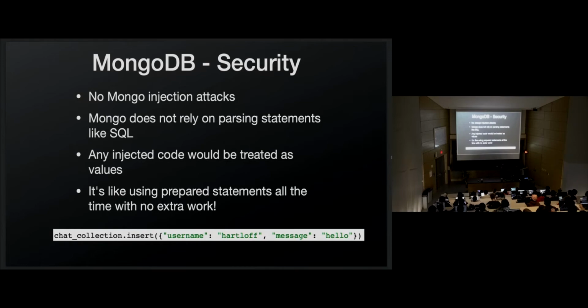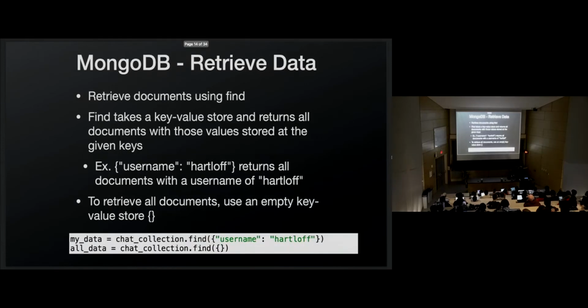It's just all data. There's nothing to be parsing here, so you can't add any MongoDB code in here because that's already a string. These are already all strings in this case. There's nothing to inject here. So we don't have to worry about it. There's no vulnerability here. It's like we're always using prepared statements just by default.